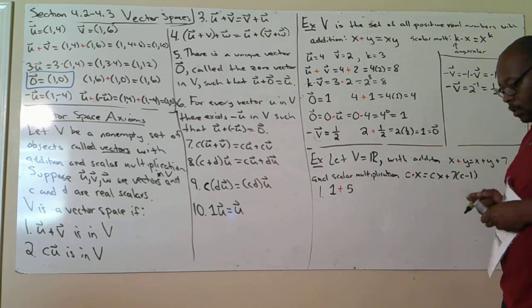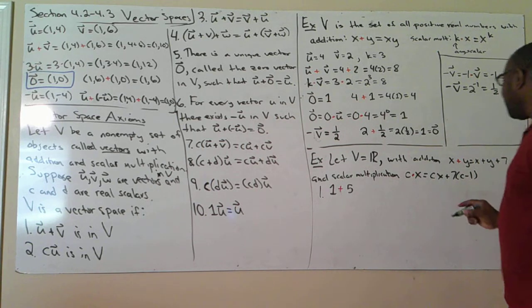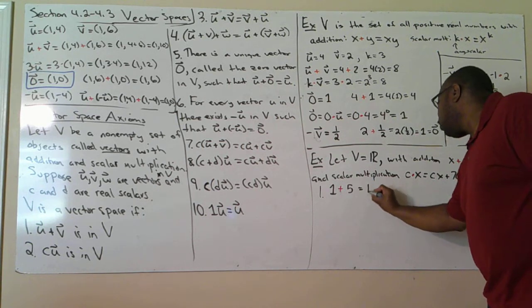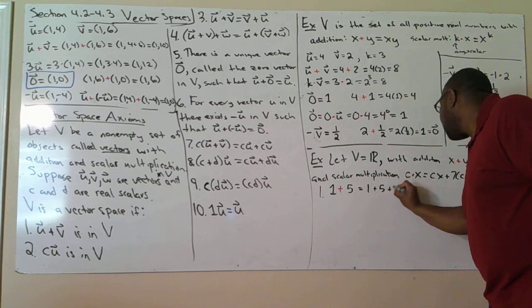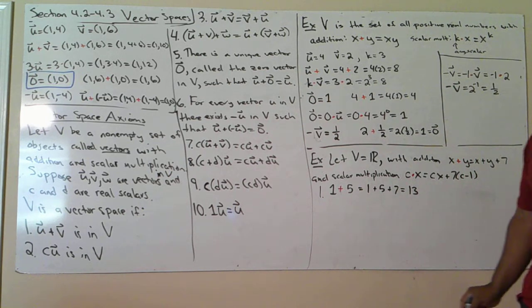Okay. So I'm going to add 1 and 5 together. What should I end up with when I add 1 and 5? Well, going by my addition, I get 1 plus 5 plus 7, which is, what's that, 13? So 1 plus 5 is 13.